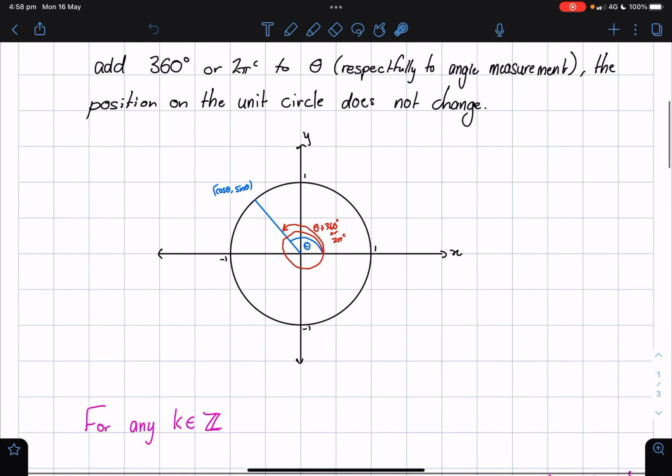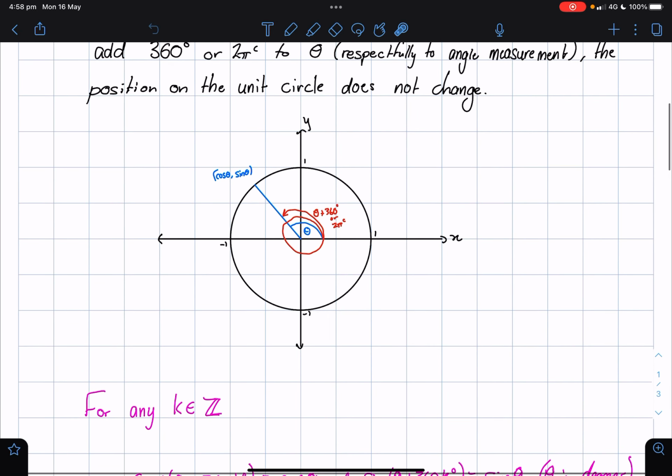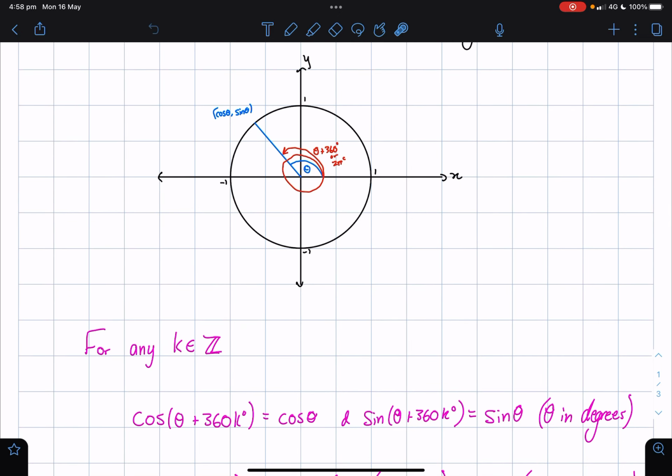For any variable k that is an integer, so this means it's inside the set of integers, being whole numbers, so 1, 2, 3, 4, etc., or negative 1, 2, 3, 4, cos of theta plus 360 times k degrees, so any whole multiple of 360, is also equal to cos theta. If k is 1, then this is just 360 degrees.